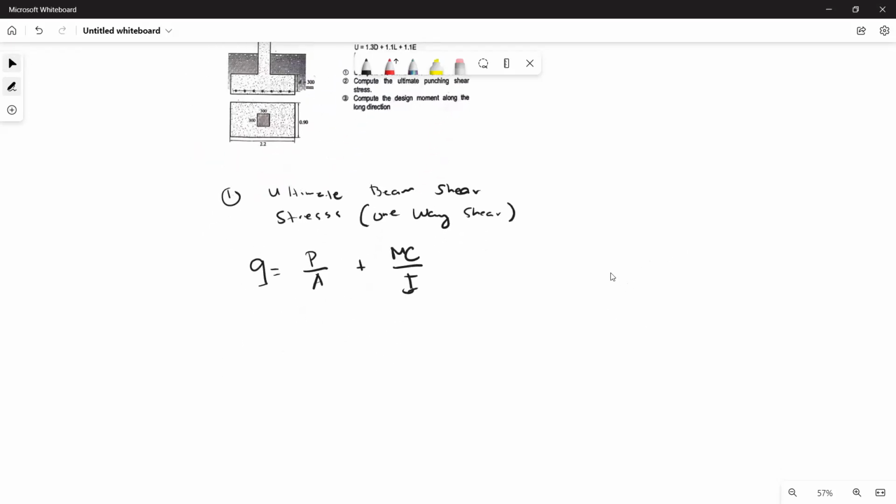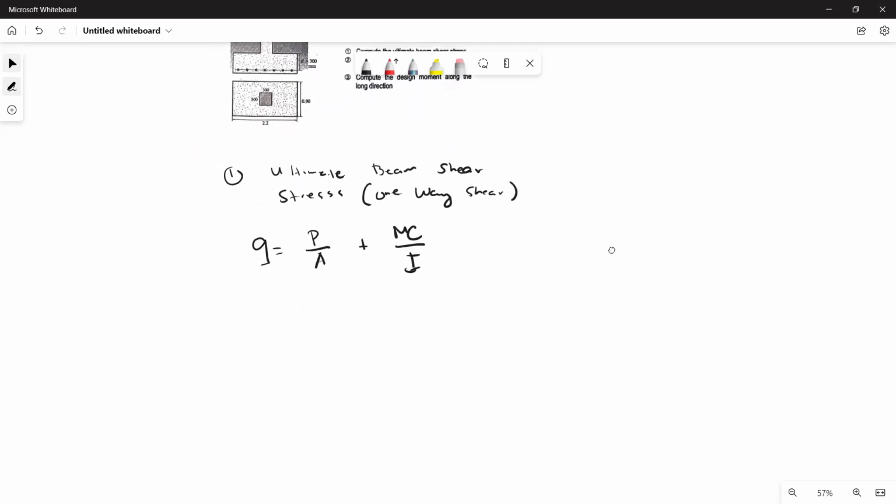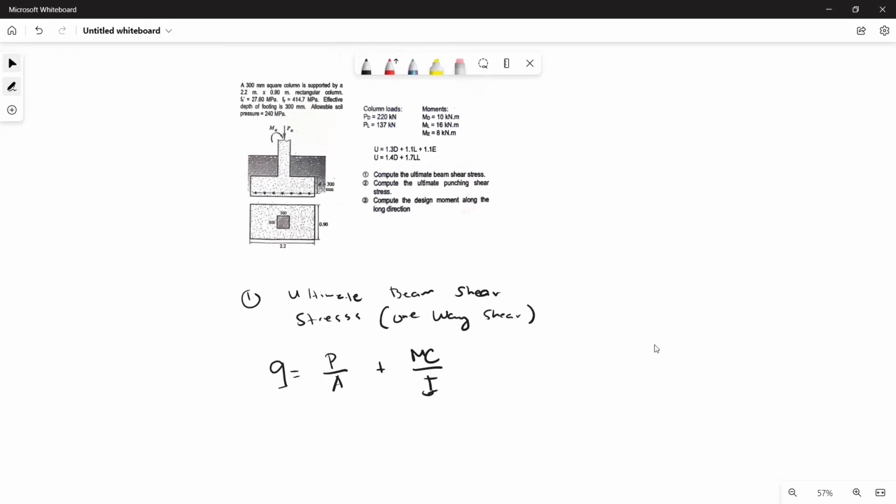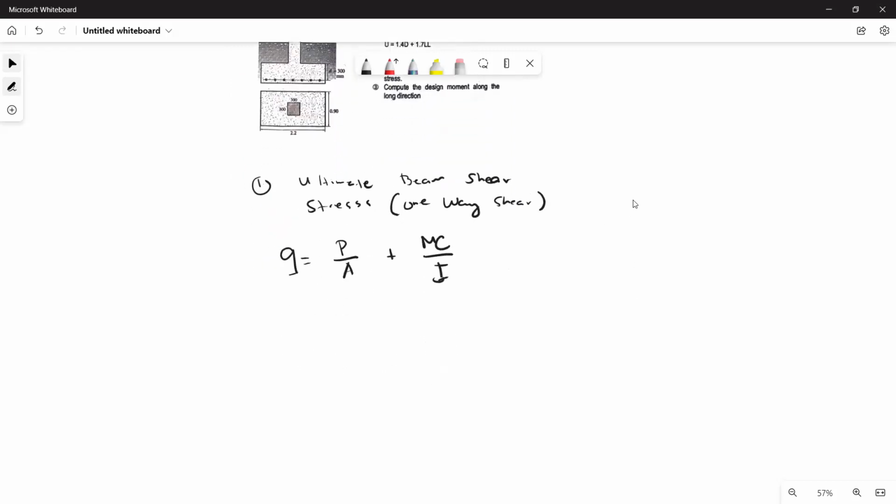First, kailangan muna nating malaman yung ultimate load, yung P sub U. Asan yung ating P sub U? Before we start pala, kailangan muna nating i-check if your actual soil pressure in unfactored loads ay pasado dun sa allowable soil pressure of 240 kPa.